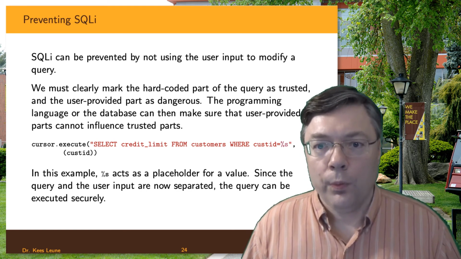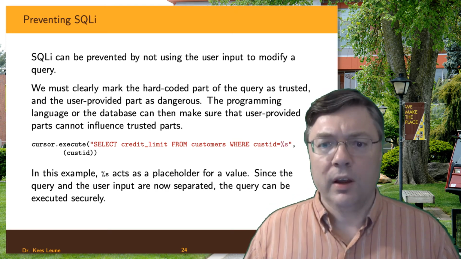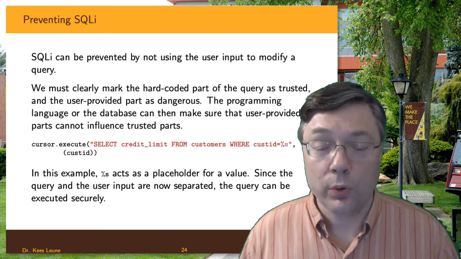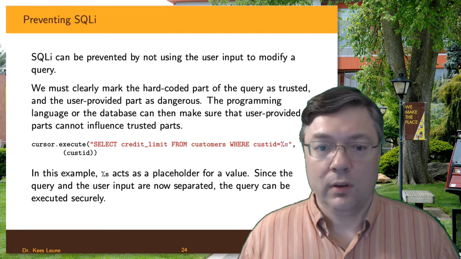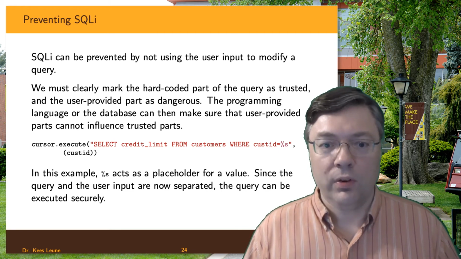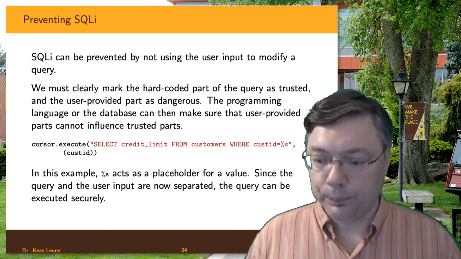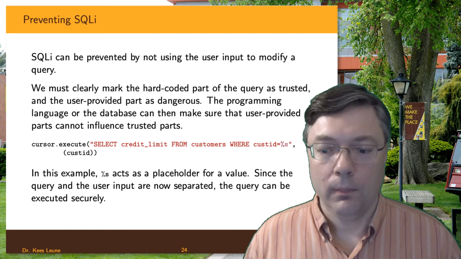And now your programming language or the library, psycopg2, and the DBMS can separate out between what is trustworthy content and what isn't. And in the non-trustworthy content, the special meanings like semicolons and double dashes go away, so all of a sudden the injected query will fail. And so that is preventing SQL injection.